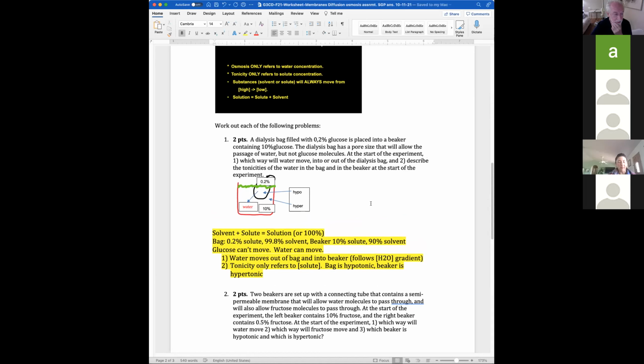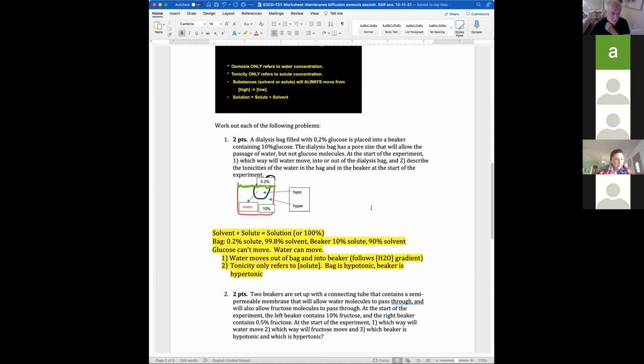Okay, in some cases, the solute will move. In this case, it doesn't. So this is a dialysis bag, and it has a pore size that allows water to go through it, but the glucose can't go through it. So solute does not move in this example.